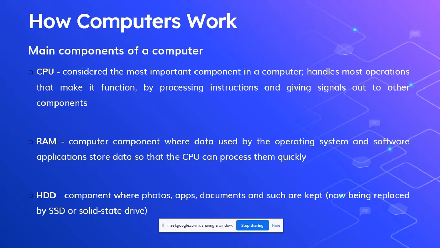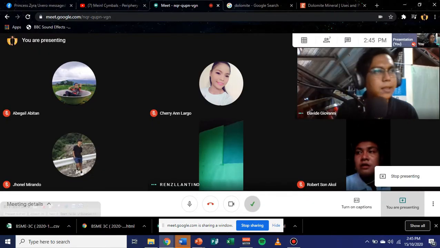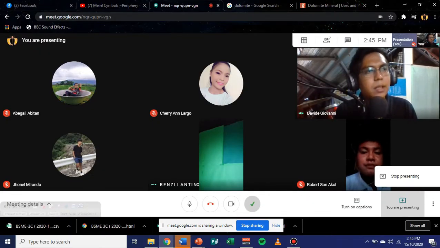It handles most operations that make it function by processing instructions and giving signals out to the components. Dito nakapaloob yung lahat ng components ng computer, motherboard, lahat. Ito yung pinakakonsider natin as yung brain ng computers.